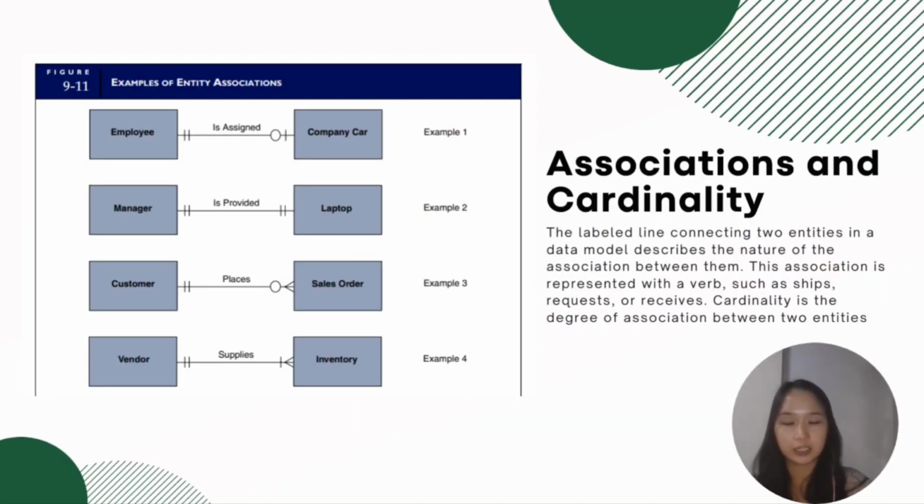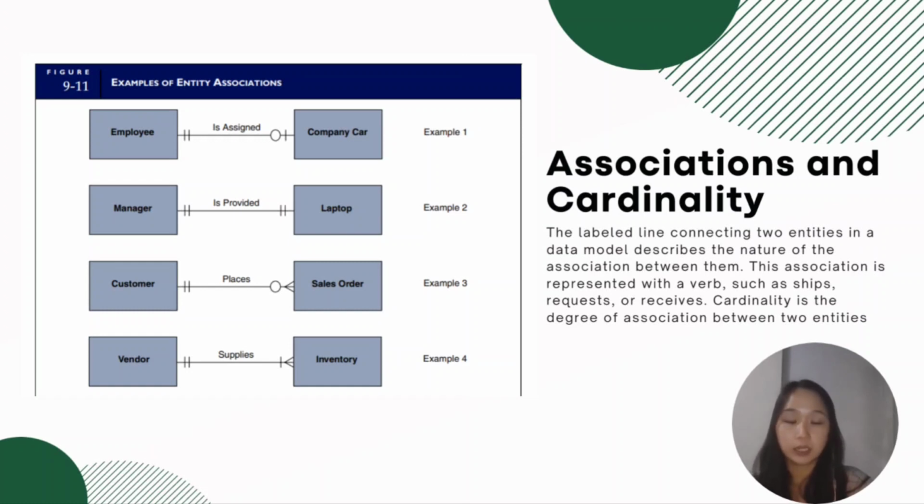Associations and cardinality. The labeled line connecting two entities in a data model describes the nature of the association between them. This association is represented with a verb, such as keeps, requests, or receives. Cardinality is the degree of association between two entities.